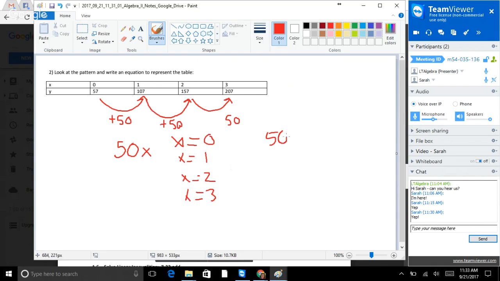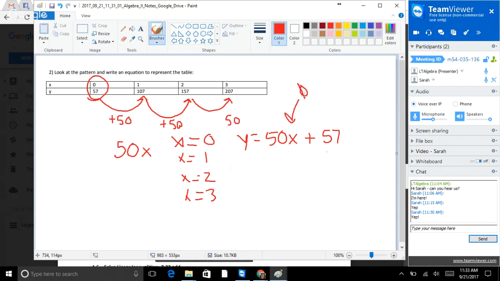So we know that for every increase in 1x, we go up by 50. But what do we know the start value is for our equation? What happens when x equals 0? We still have a value of y of 57. So that means we need to start at 57, because when x equals 0, we have a value of 57.